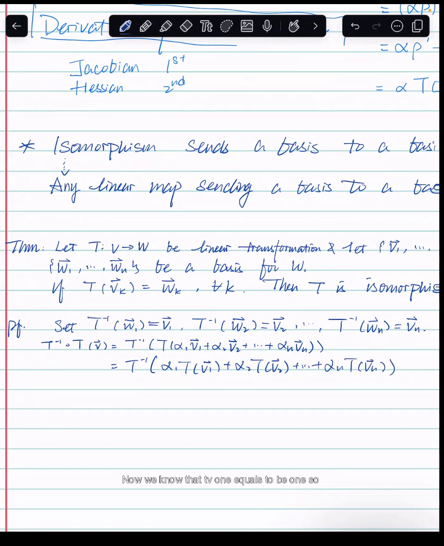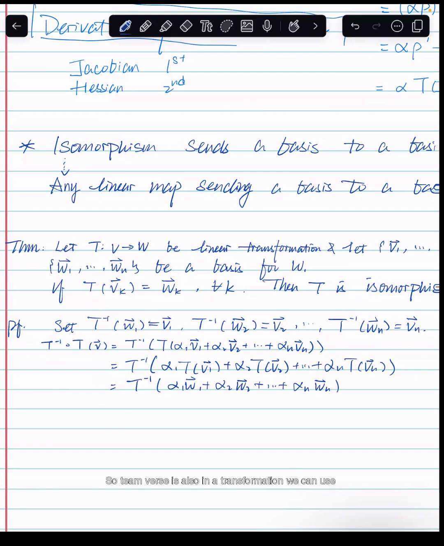Okay. Now we know that TV1 equals W1. All right, now it's time for T inverse.